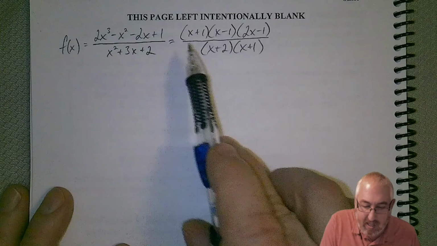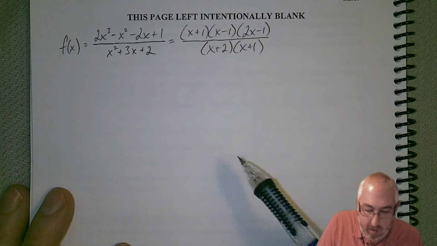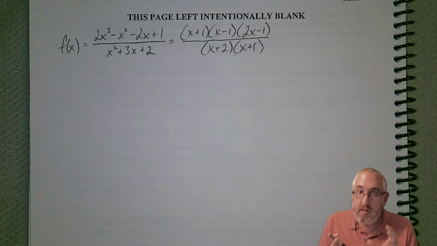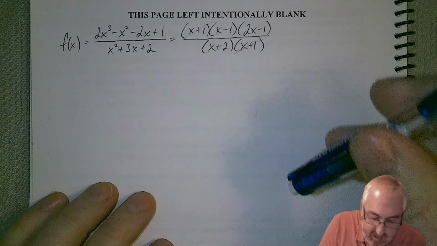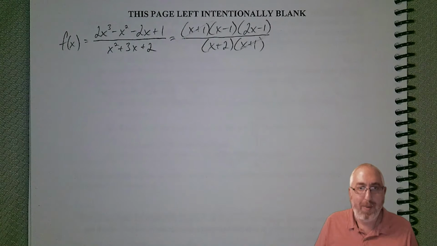You can see that there's a common factor in the top and bottom. And, you know, could we just cancel those out? Yes and no. There is some importance to keeping those in there, and we'll see it when we actually graph it. But for now, let's just leave those in there. Yeah, it's hard to erase it, but you get what I'm trying to do.